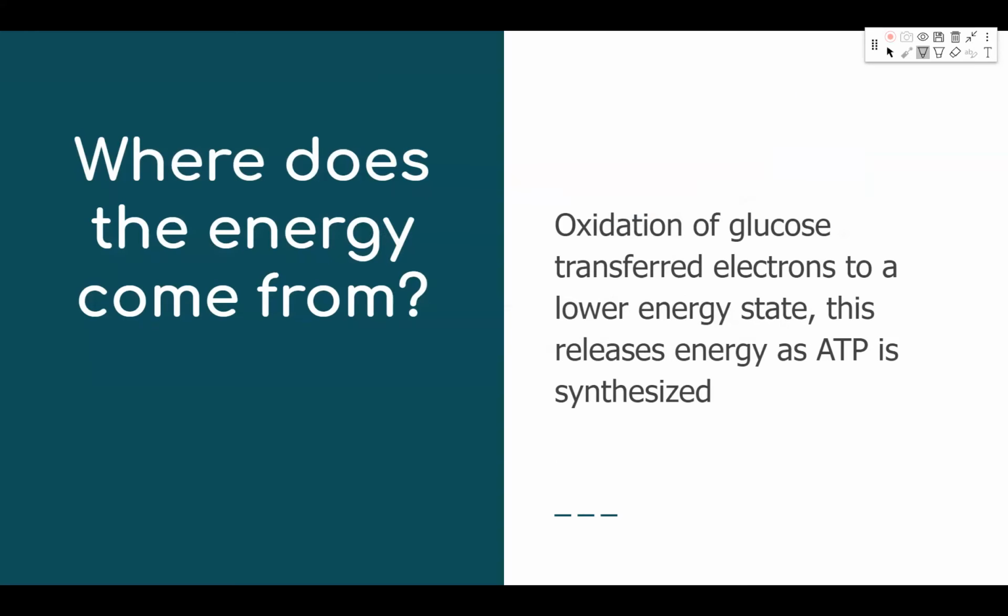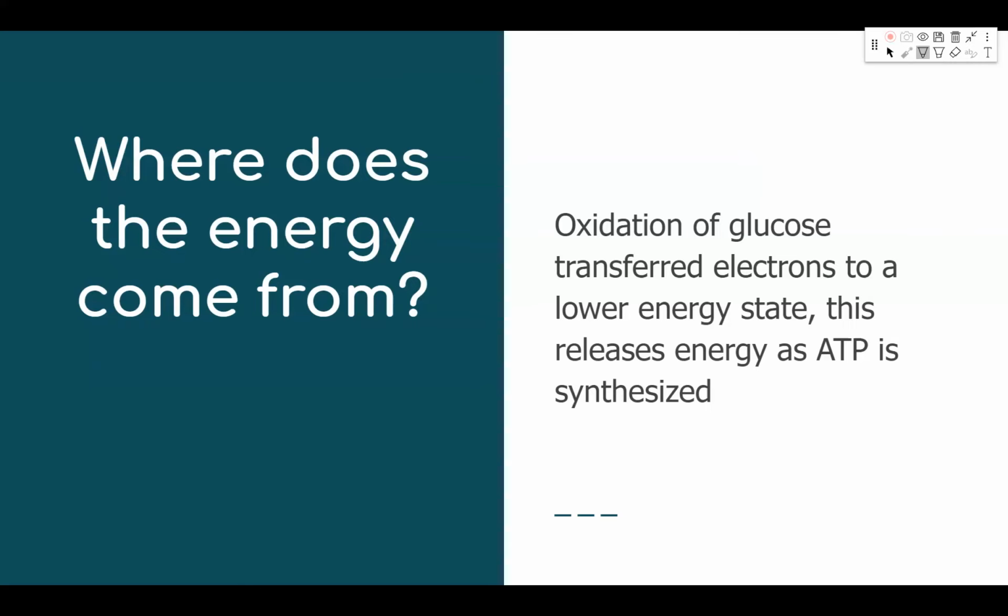All right. So, where does this energy come from? We've talked about electrons. We've talked about releasing energy, right? That was step 2. Energy is released from those organic compounds. Where on earth is this energy coming from? When we are oxidizing glucose, when we're transferring those electrons, we are moving them from a high energy state to a low energy state.